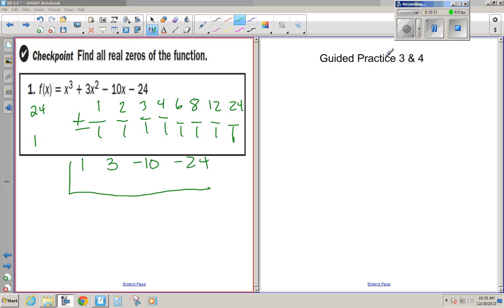Well, hopefully you paused the video and graphed and saw that the graph looks like it might go through a positive 3. So let's test it. So you drop down the 1 and you multiply, add, multiply, add, multiply. You get 0.